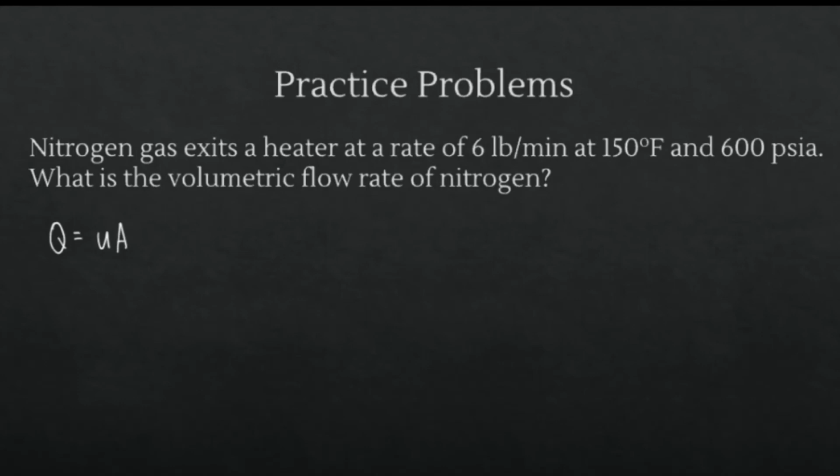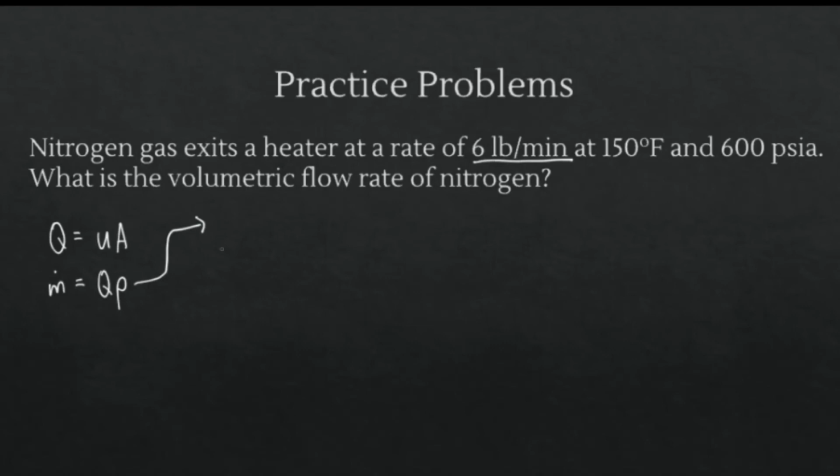From our problem, we were given a flow rate that is 6 pounds per minute, which is a mass flow rate. The mass flow rate can be converted to the volumetric flow rate by multiplying it with the density of the substance. So we are going to use this second equation and directly convert the mass flow rate to volumetric flow rate. We just need to know what the density of the substance is.